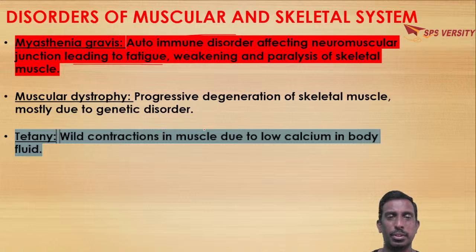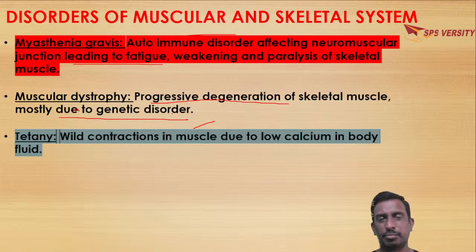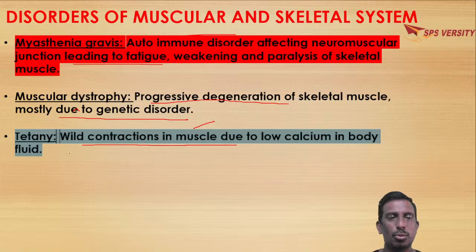Muscular dystrophy is the progressive degeneration of skeletal muscles due to a genetic disorder. Tetany is wild contraction of muscles due to low calcium.